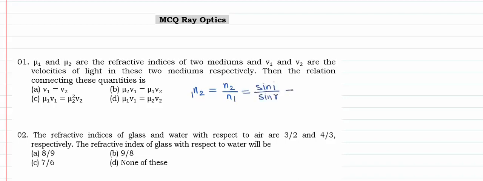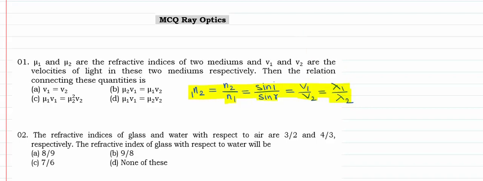This will be equal to v1 by v2, which will be equal to lambda 1 by lambda 2. This will help you in everything. So remember this expression: n2 by n1 equals sin i by sin r equals v1 by v2 equals lambda 1 by lambda 2.